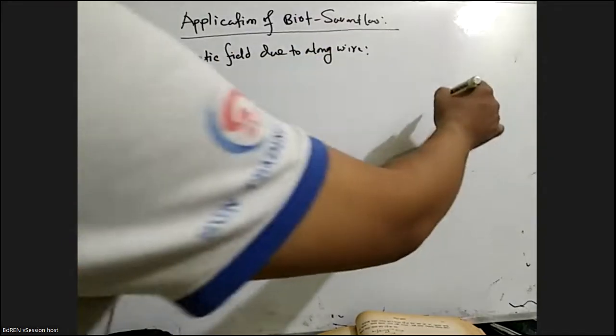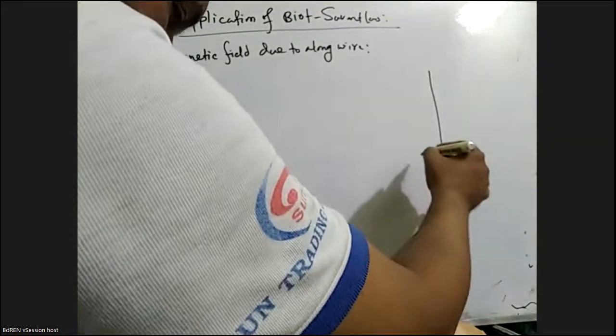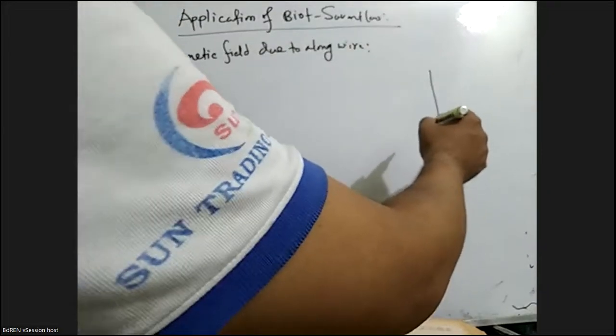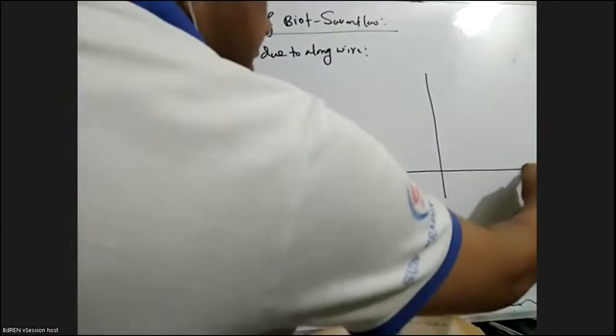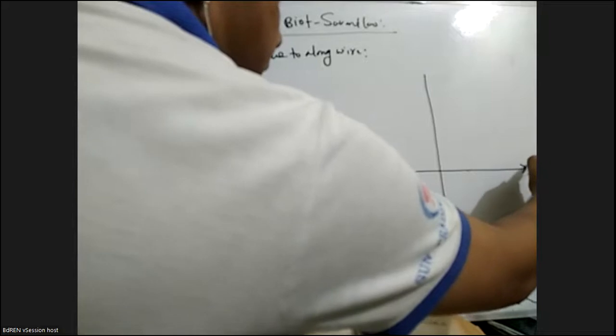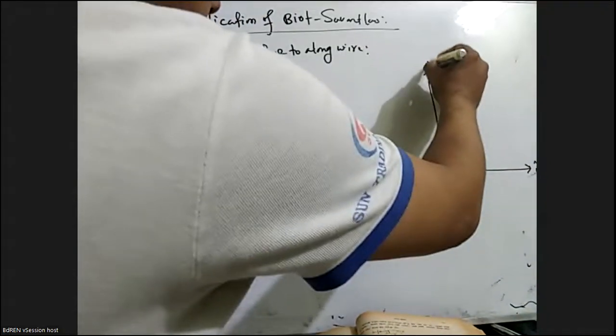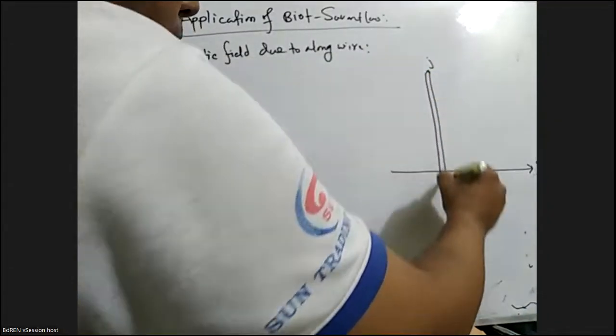So this is the long wire, and this is the x-axis. This is the i unit vector, and this is the z unit vector.